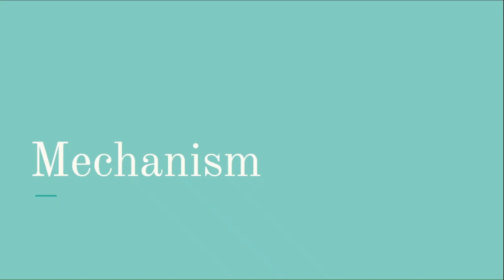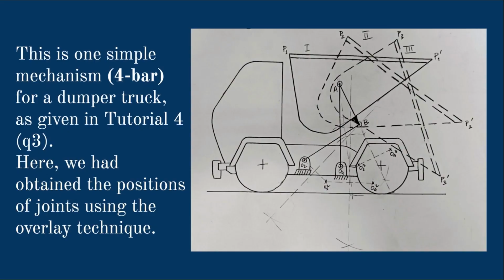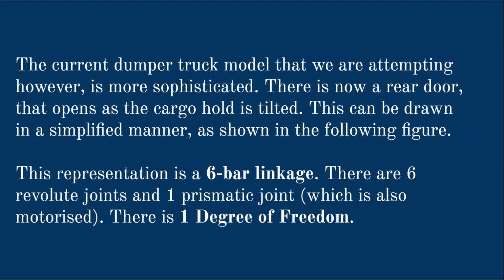Let us now move on to the mechanism. Earlier in tutorial 4, we had solved a question about a dumper truck mechanism using the overlay technique to find the correct position of the joints relative to each other. However, that was a simple 4-bar mechanism as shown here. The current dumper truck model that we are attempting, however, is more sophisticated.